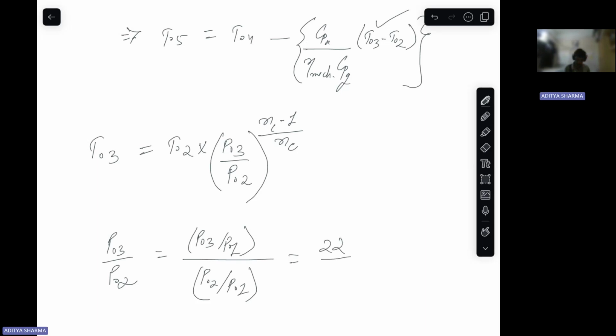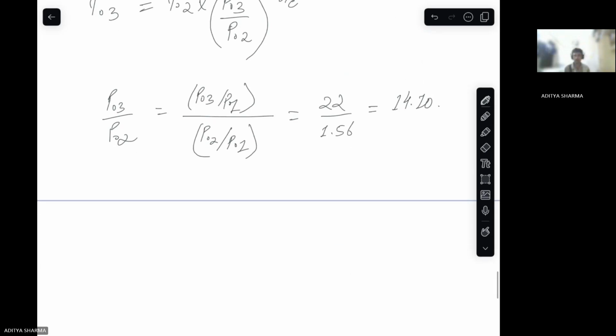Okay, this is 22, this is 1.56. When we calculate this, this will come out to be 14.10. All right, this will come out to be 14.10.